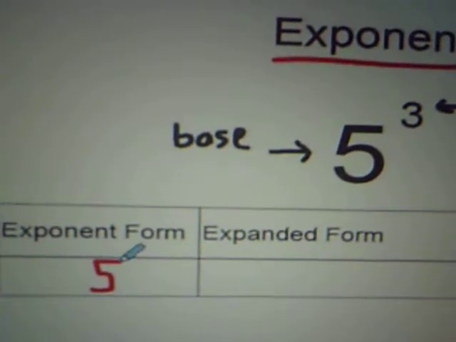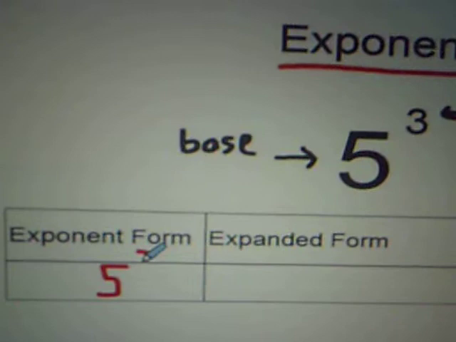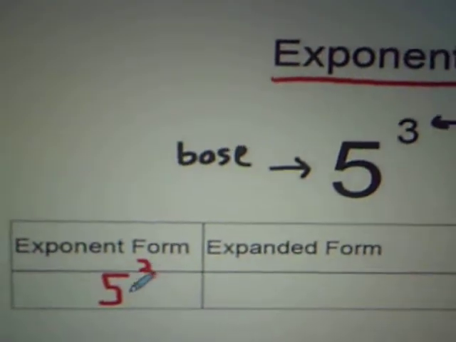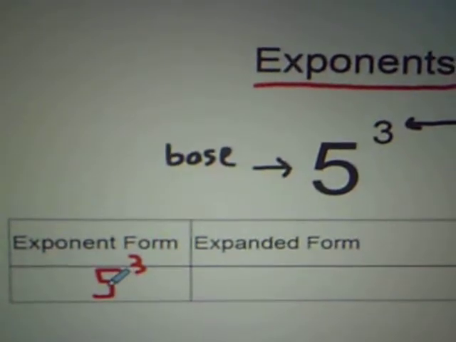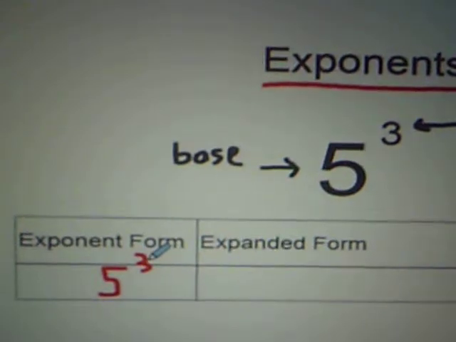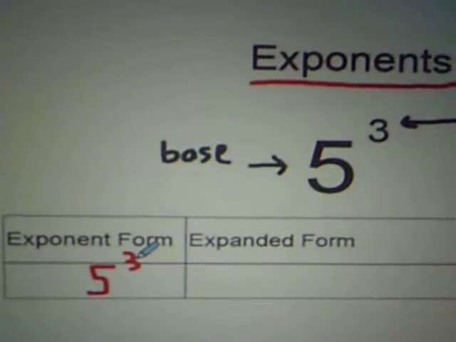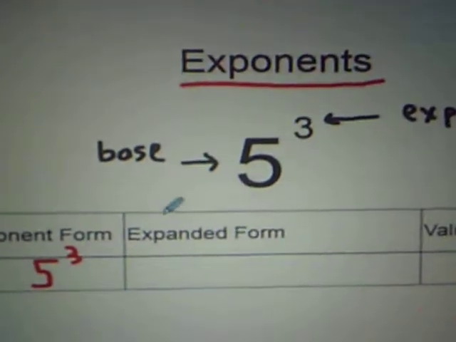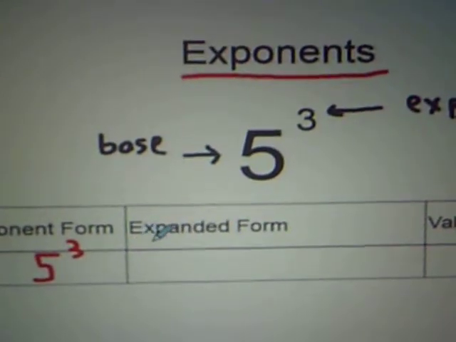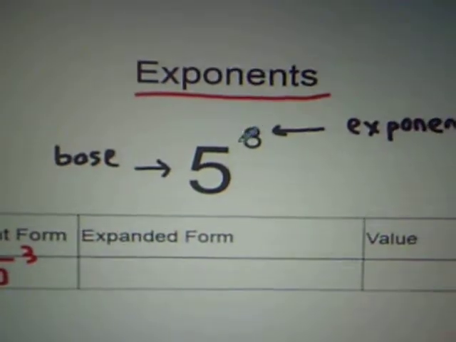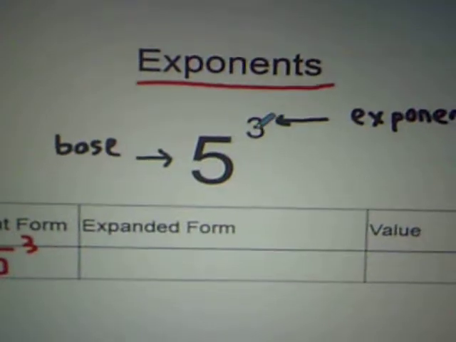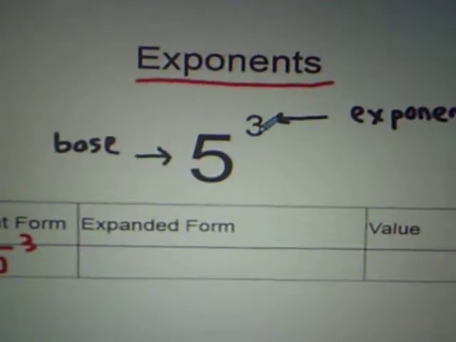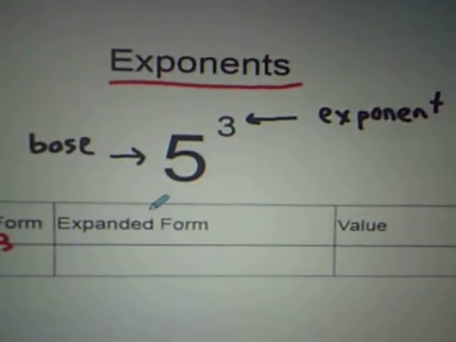So when I ask for the exponent form of a number, it's simply written like this: a base number and its corresponding exponent. But then what we can do is we can expand that out into what's called expanded form. And this form is truly the meaning of exponents.